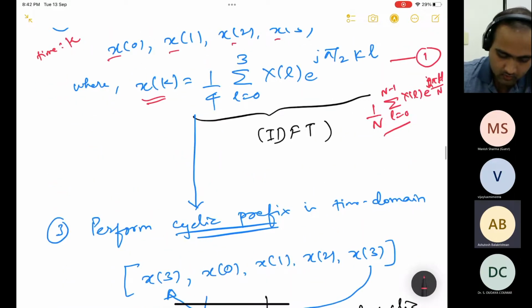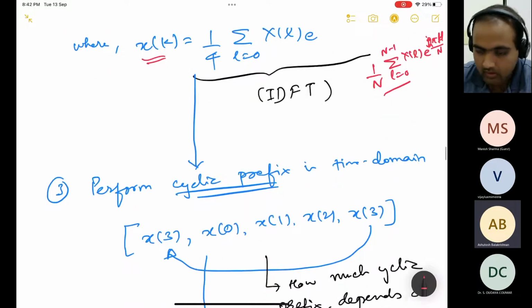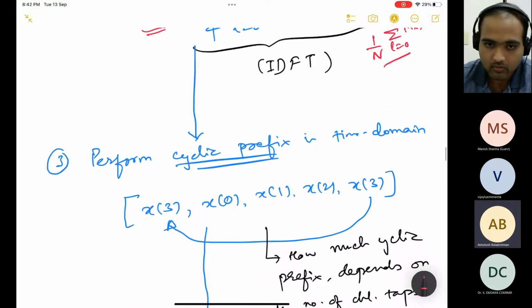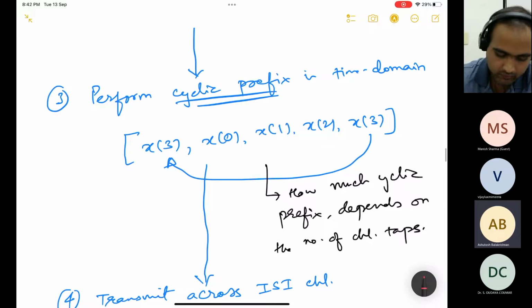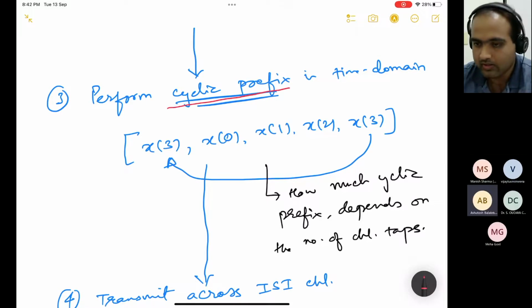Now, once we have the symbols in the time domain and we transmit them, at the receiver end we need to take the cyclic prefix. Why do we take the cyclic prefix?